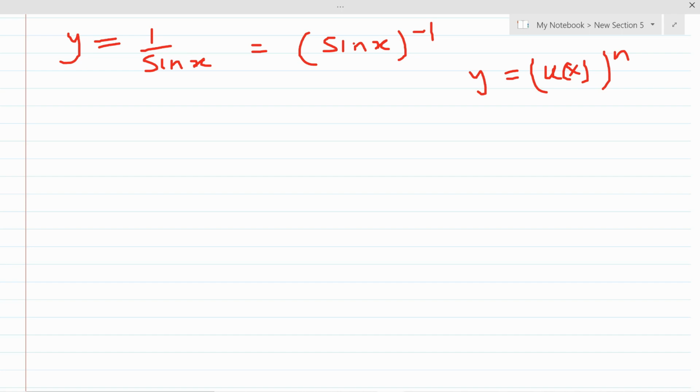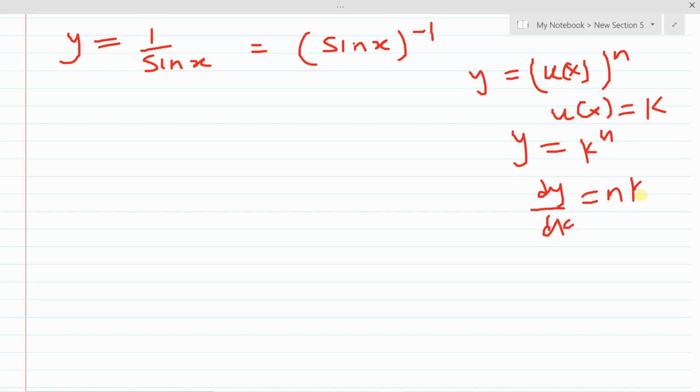So you just say u of x is equal to, let's say, some k, so you get y is equal to k^n. Then you find dy/dk, which is equal to n k^(n-1). Then you find dk/dx, or du/dx, since k is representing something in x. After that you multiply by dy/dk. That will give you dy/dx.